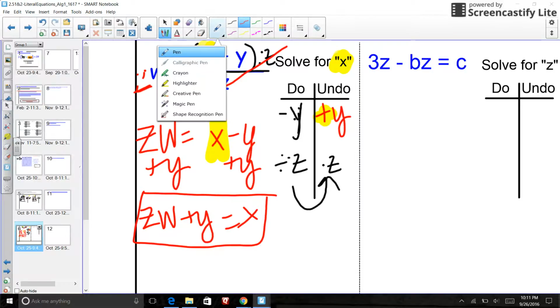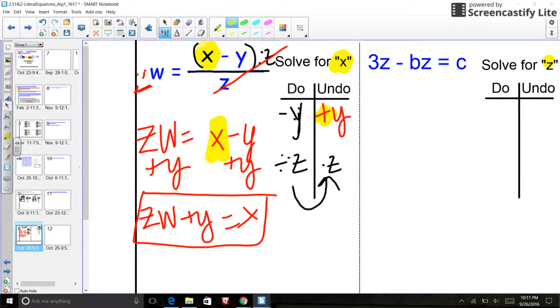All right, the next one is a little bit more challenging. It says solve for z. So z is in two places, but notice both places are on the same side of the equal sign. So I'm going to figure out, okay, this right here is the distributive property. And you might say, nuh-uh, yeah, it is.